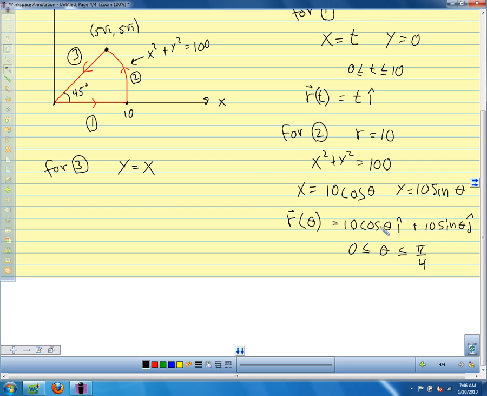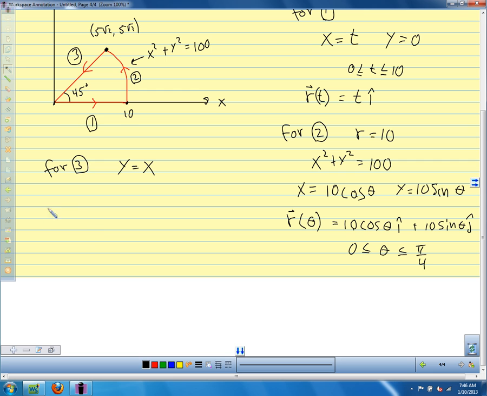So if we plug in pi over 4 at the end of this, we get the point 5 square root 2, 5 square root 2. So we're starting at 5 square root 2 and going back to 0. Change the t.